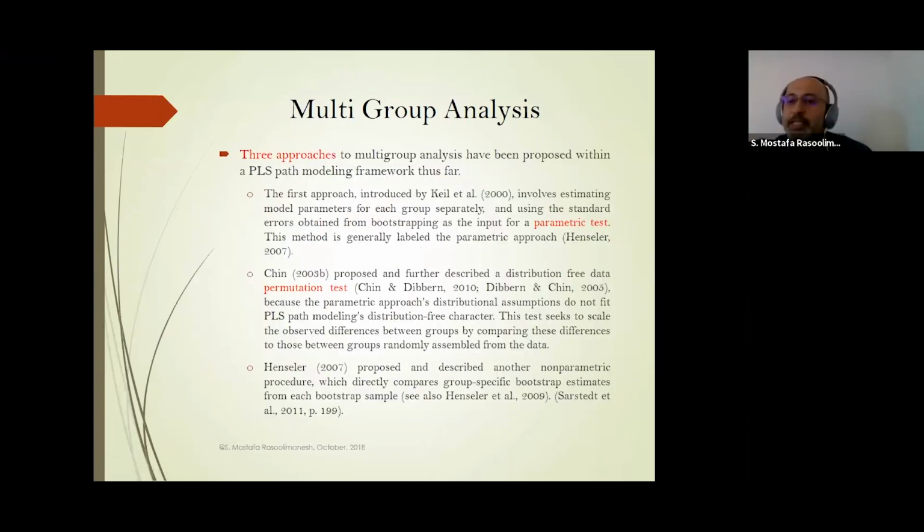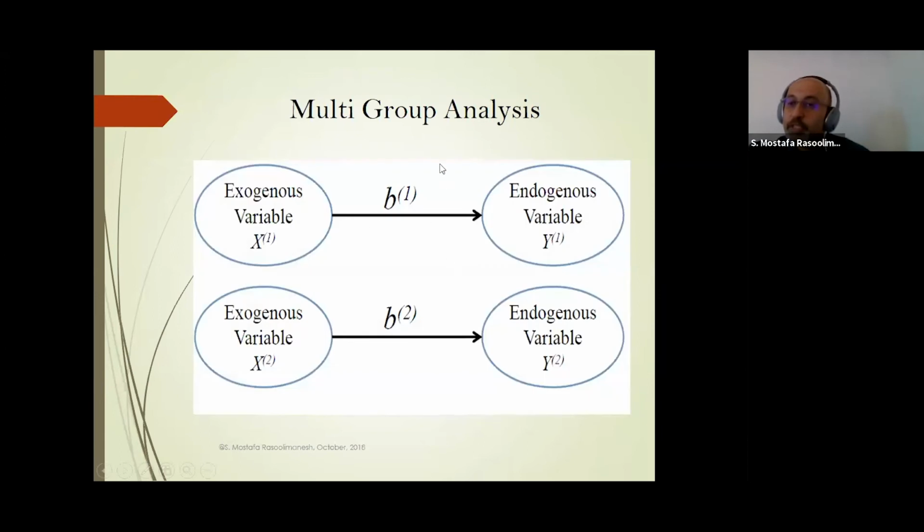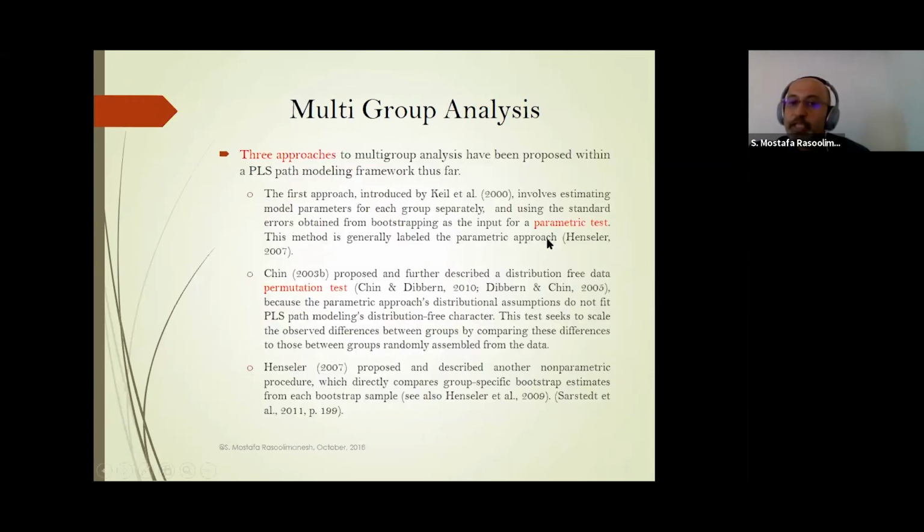For multi-group analysis, we have different methods to calculate the difference between path coefficients in the first group and second group. One is the parametric test. Another is the permutation test. And we also have a non-parametric test suggested by Henseler. You can see my screen, right? Three approaches of MGA.